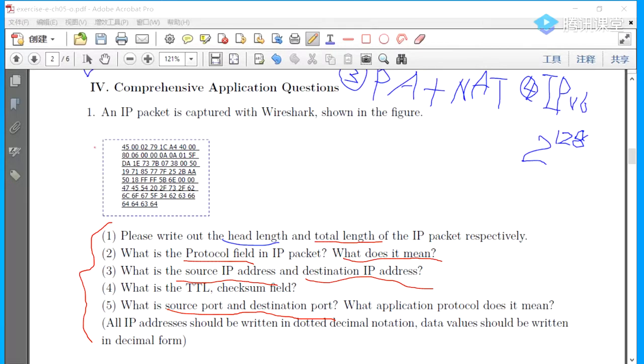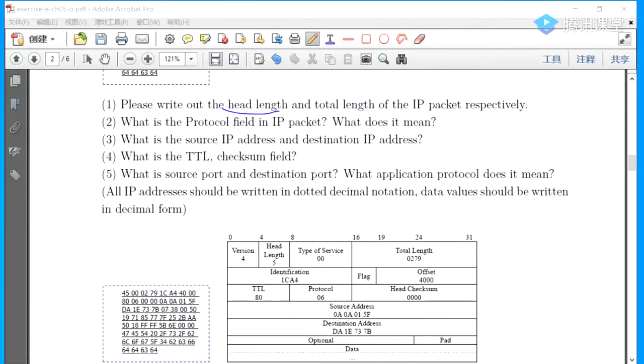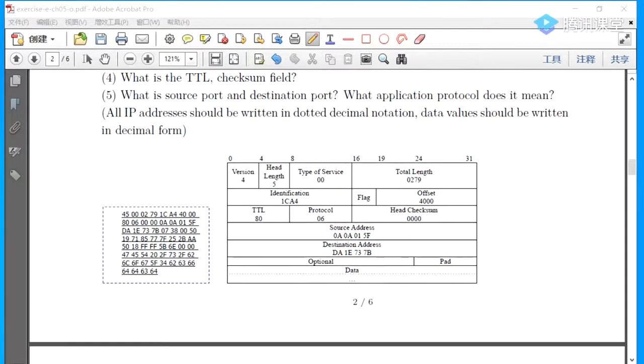So at first, the basic method is filling the information into each field of the IP packet, since we can have an appendix in the final assignment or examination.